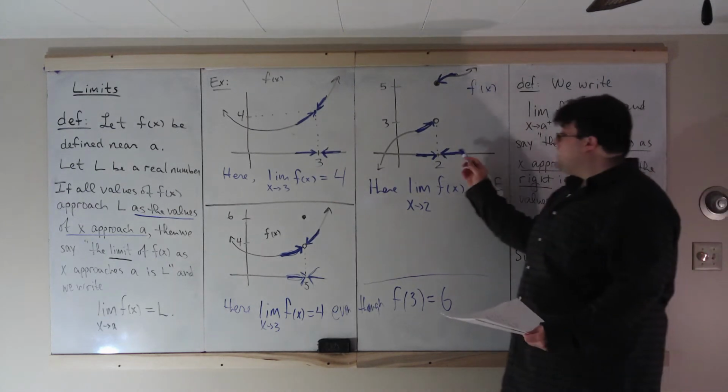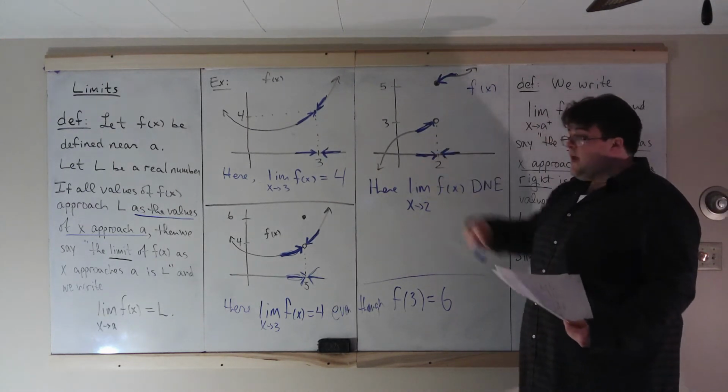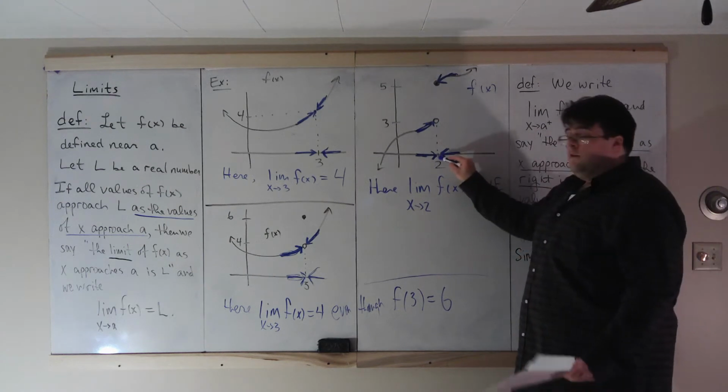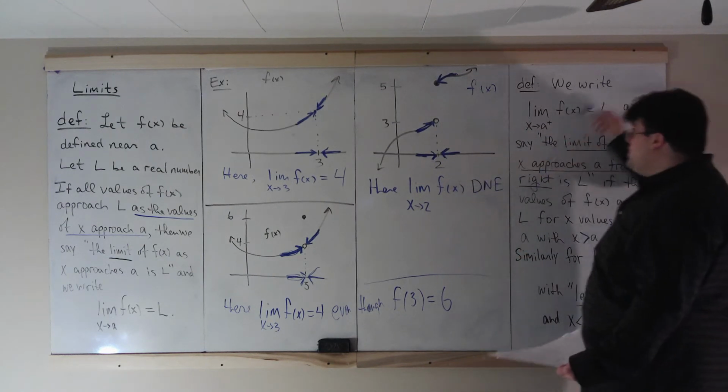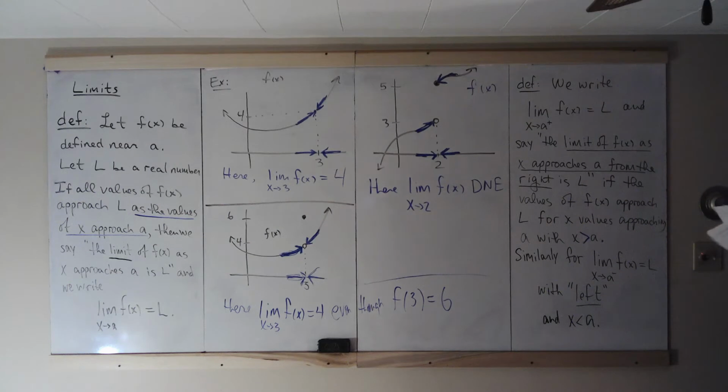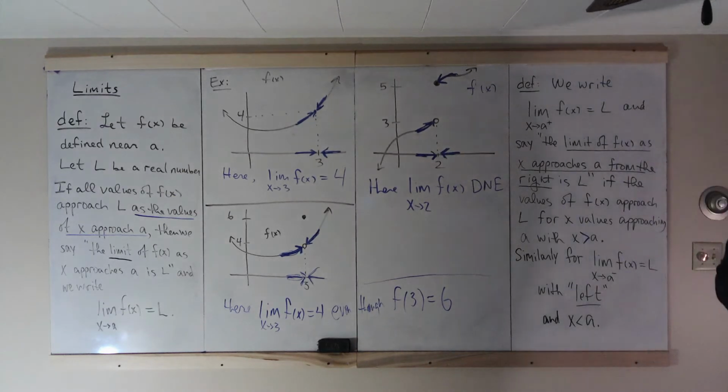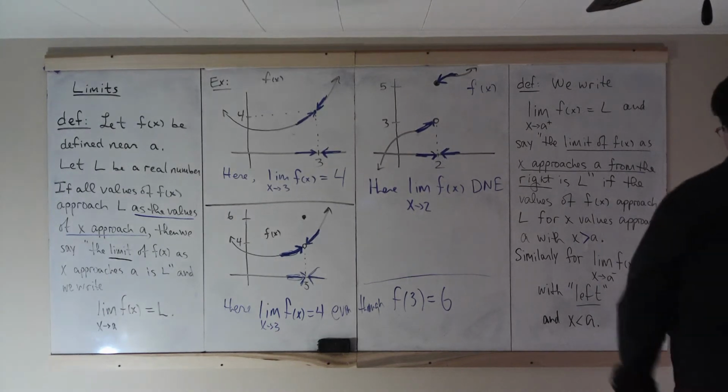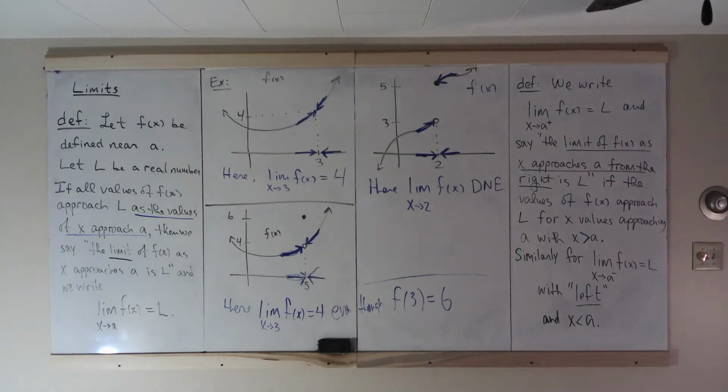So we're looking at x values larger than a approaching a. So we're looking at x values larger than 2 for this first definition. Let's see. No, I just miswrote my notes. Good thing I read them when I'm writing them. Well, good thing I read them when I'm teaching.